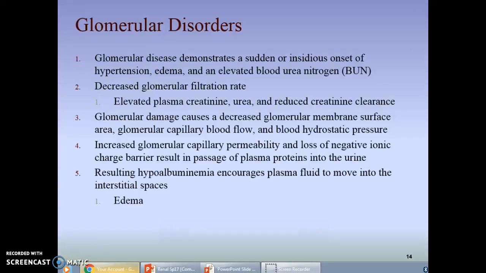Alright, here's where we left off for part 2 of the renal disorders. What I just wanted to mention quickly was that you have a list here of the issues going on with the glomerular disorders, the disorders that cause damage in the kidney.